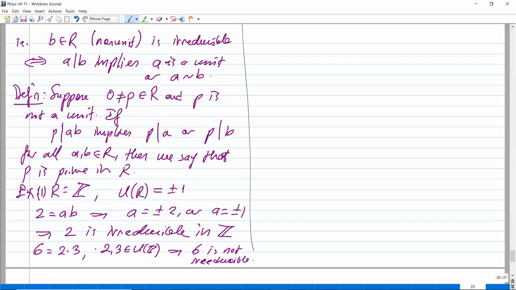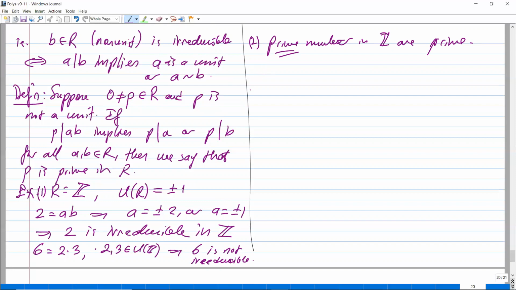Not irreducible means it is reducible. And prime numbers in Z are also prime in the above sense. These are the prime numbers that we know from number theory, 2, 3, 5, etc.